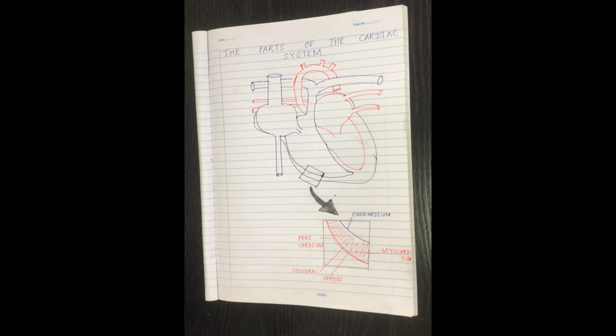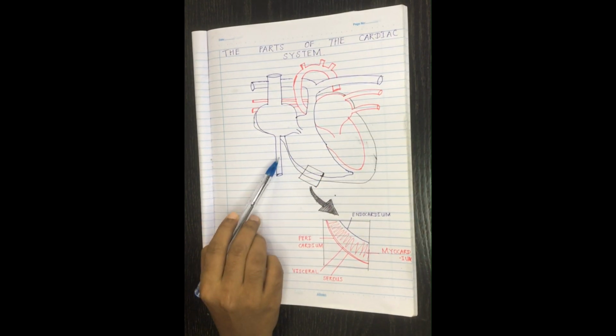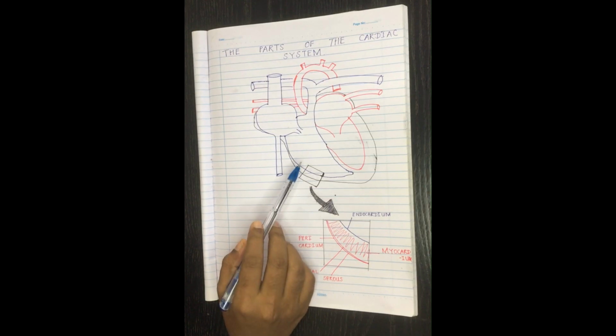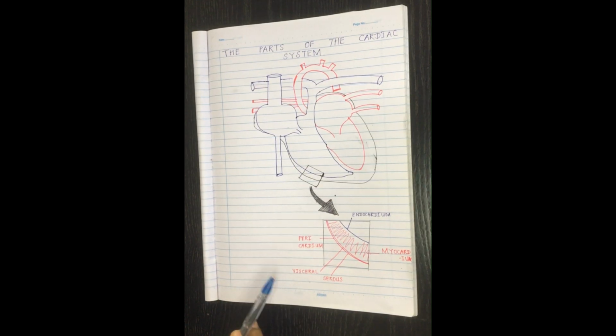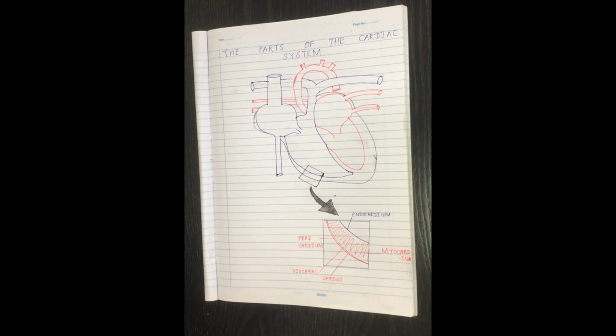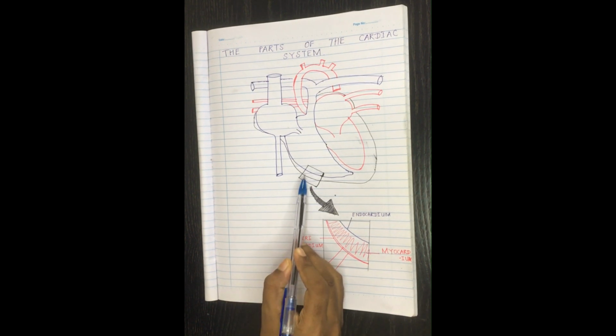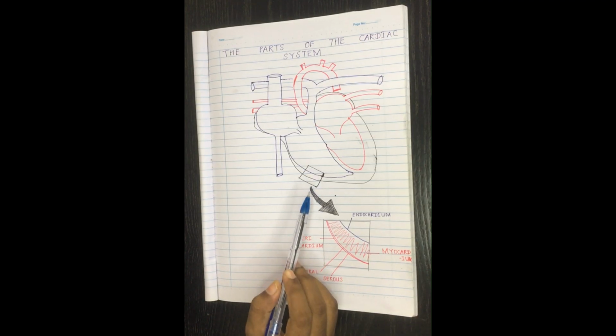So this is the picture of the heart, and you can see the interior parts too. The first information I'm going to tell you is that the heart is made of 3 layers. I have taken a snapshot and zoomed it.